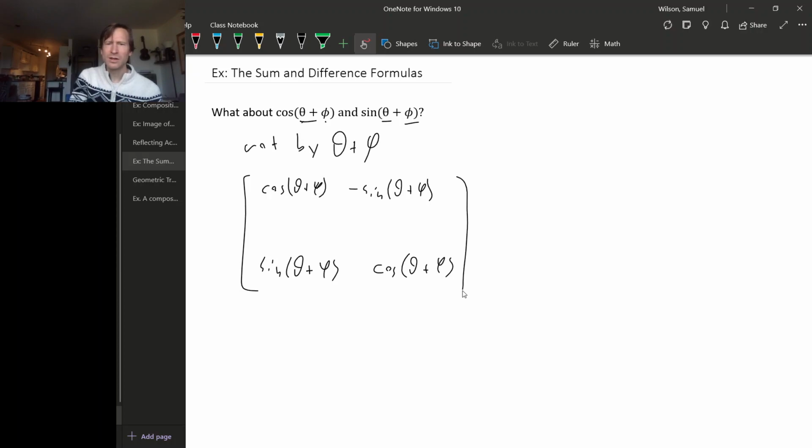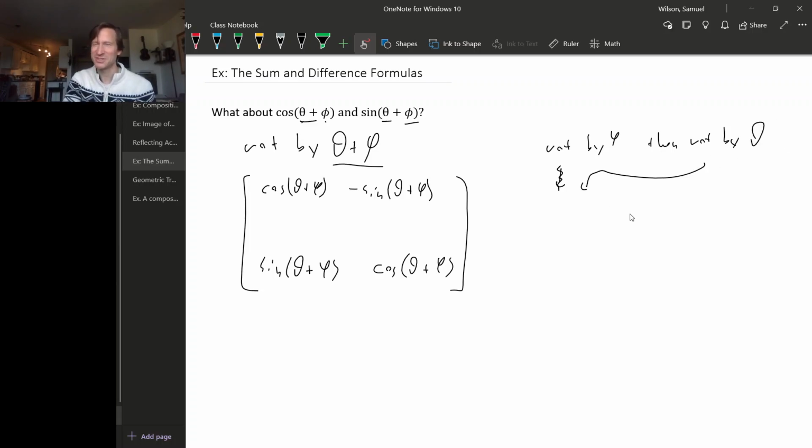But rotating by an angle theta plus phi is the same thing as rotation by phi and then rotation by theta. So what we can do is write the matrix, if we're going to do rotation by theta afterwards, we need to write that matrix first.